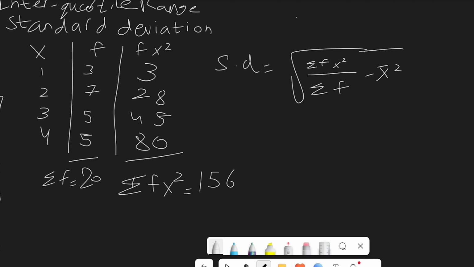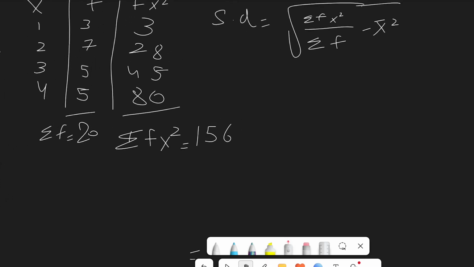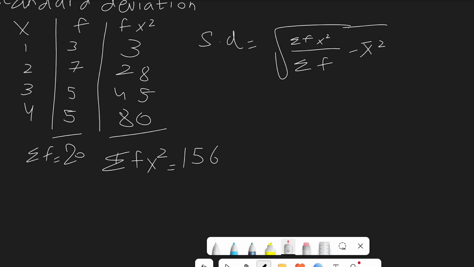Now we have these two, but we don't have the mean. For the mean of data, we have to calculate fx, because that is the formula of mean that we discussed in the previous video.